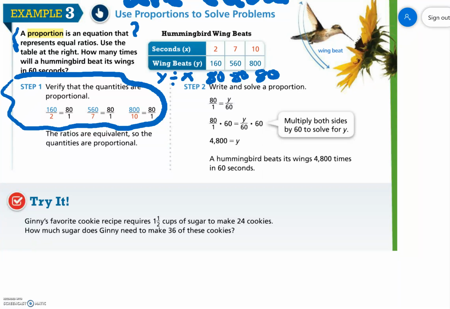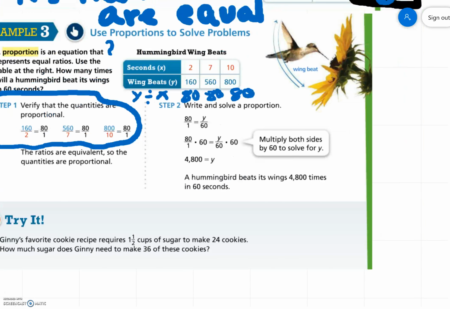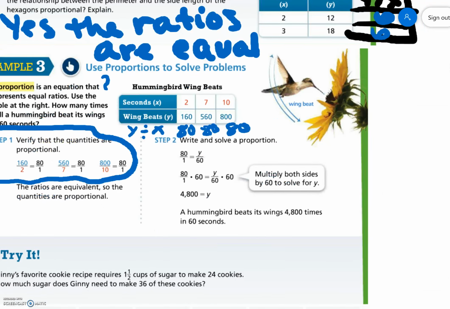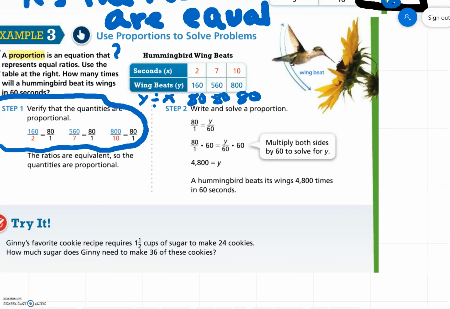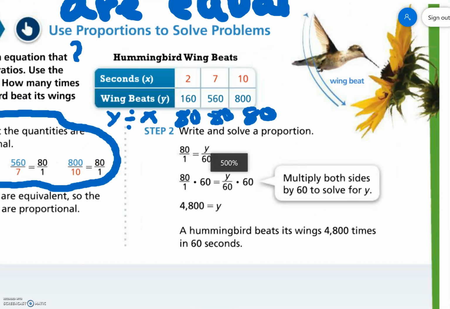We want to know what's going to happen in 60 seconds. The top is beats, and the bottom is seconds.